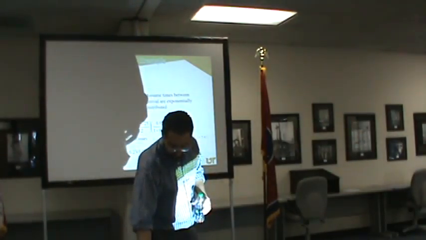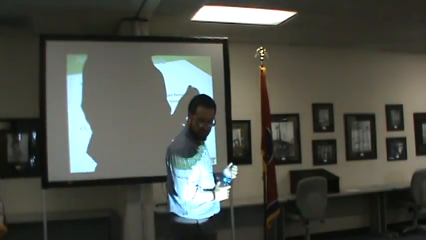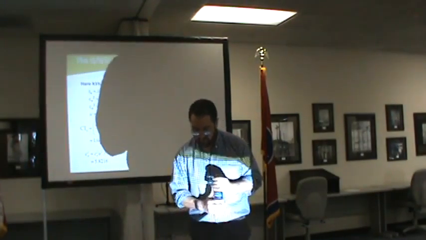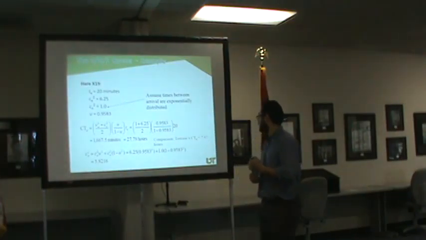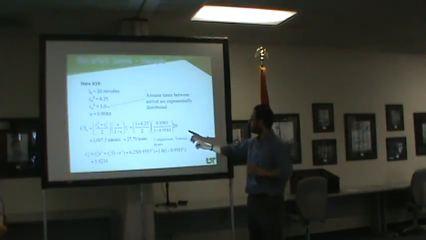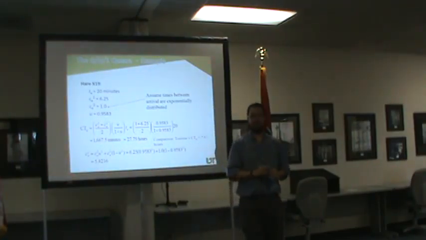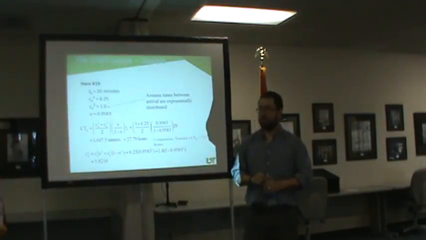If we just have this from the perspective of the hare, the Q behind the hare is, what is it? 27 hours. So what's determining the Q at the tortoise?